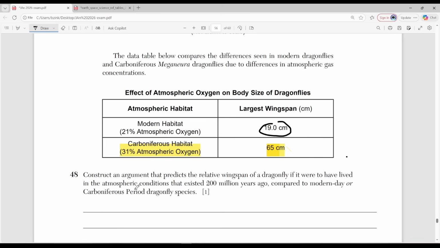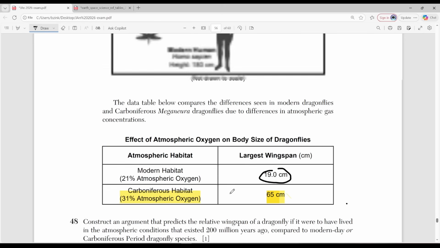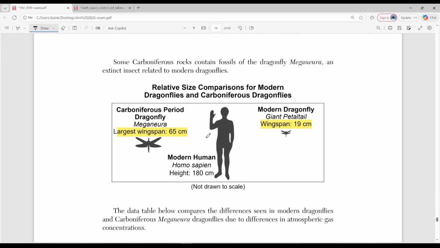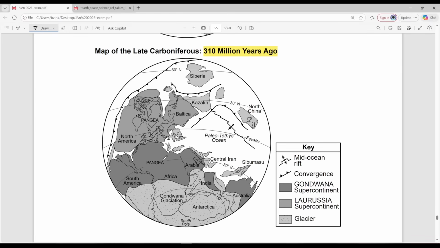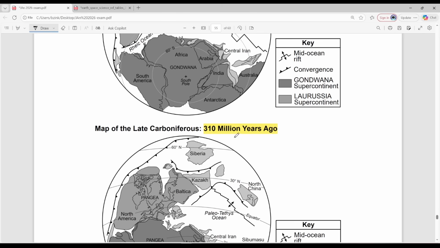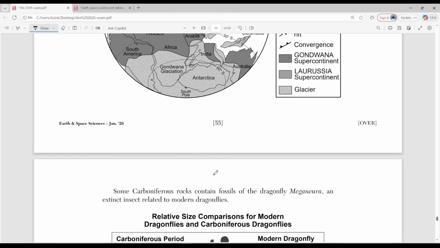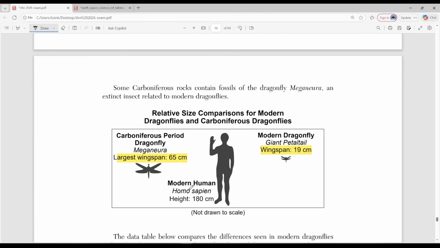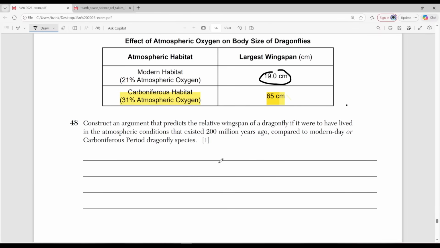If it were to have lived in the conditions that existed 200 million years ago compared to modern day or Carboniferous dragonfly species. Oh, okay. So this is how long ago? Carboniferous? 310. And now we're going back to 200 million, so we're getting closer to our time.